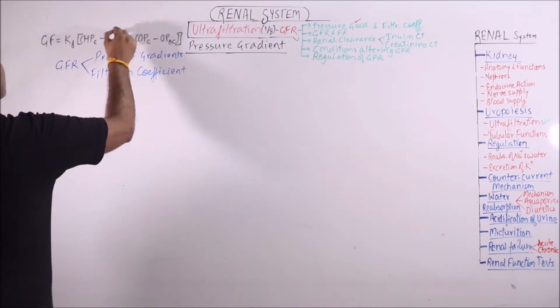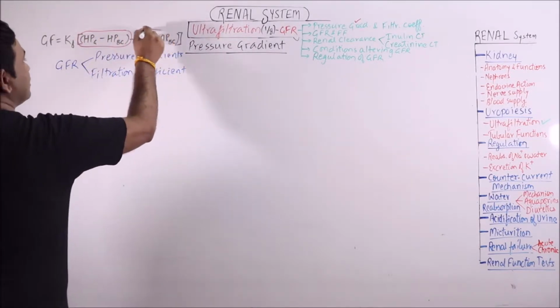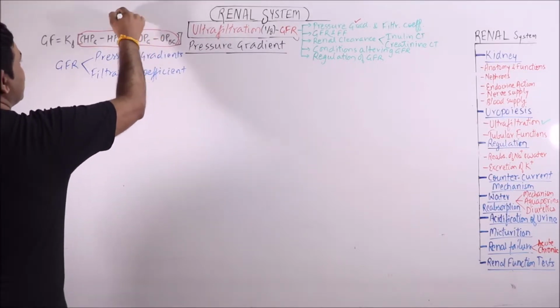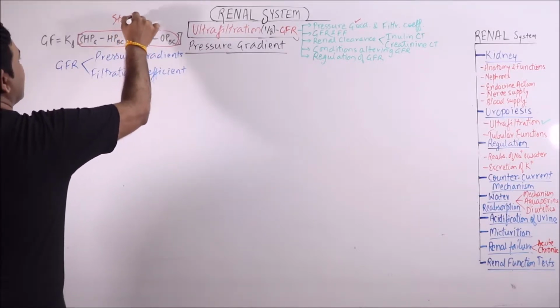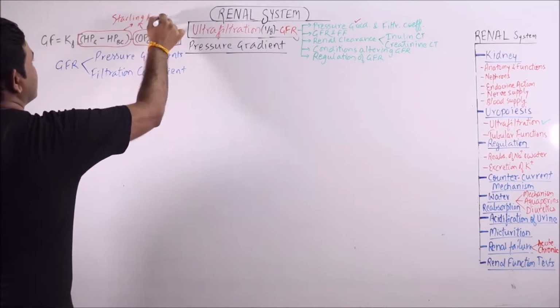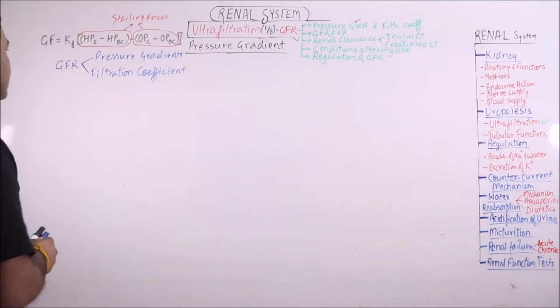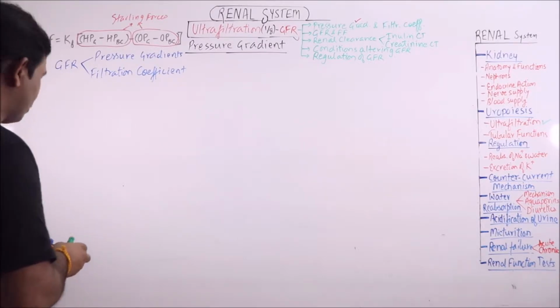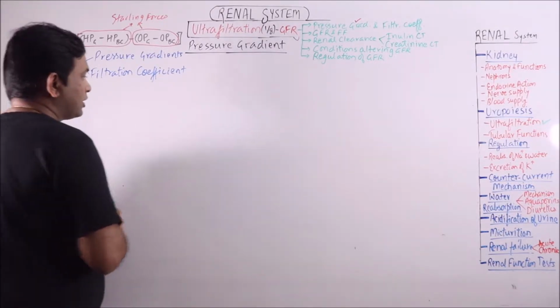Now this is one pressure gradient, this is another pressure gradient, and these pressure gradients are Starling forces. So pressure gradient is created by the development of Starling forces across the glomerular capillary.